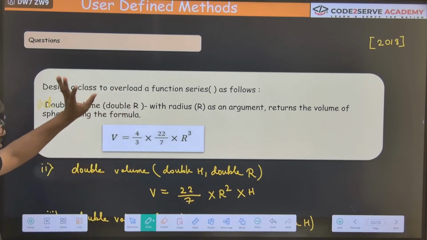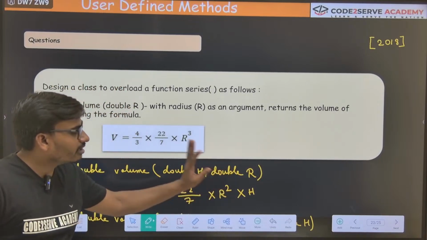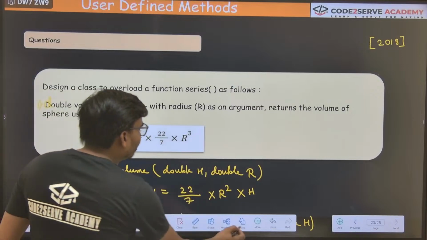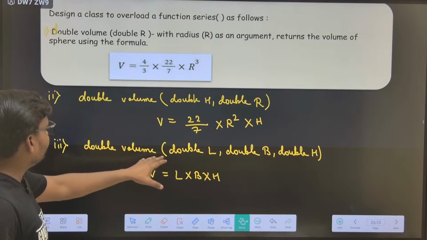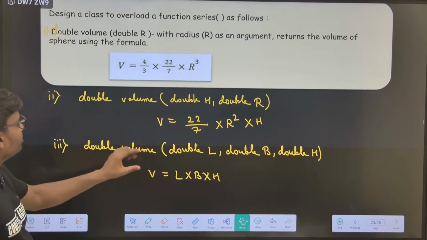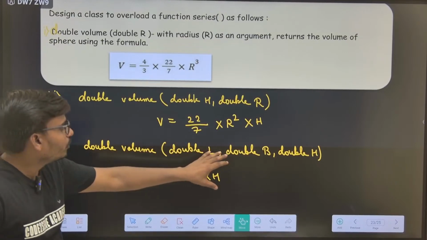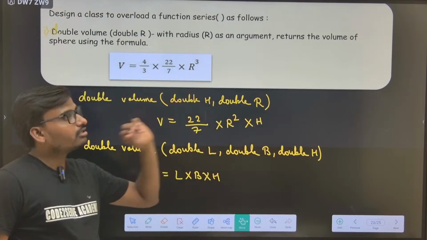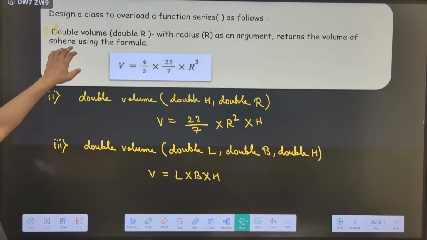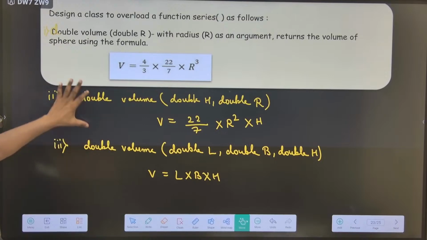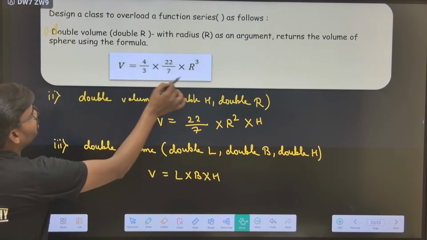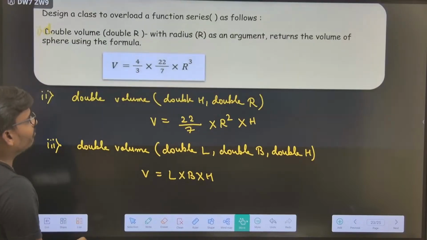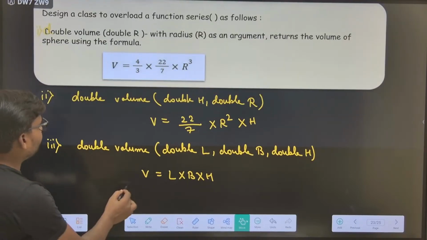So the radius is in double, here height and double, two arguments. Similarly in the third volume, you are getting three arguments. All right. So check over here, you have to return a double value. That means whatever value you compute, you have to return back.